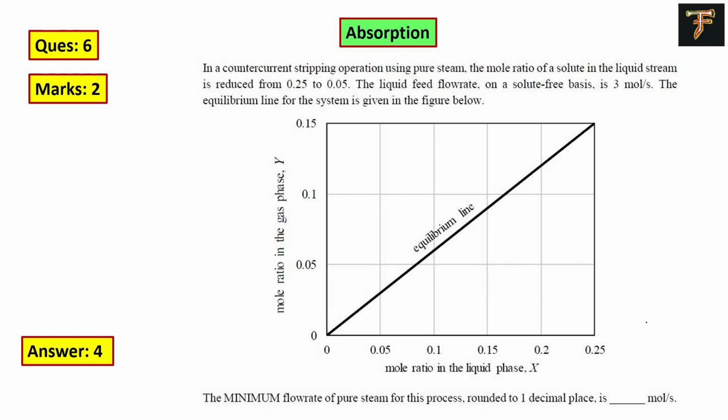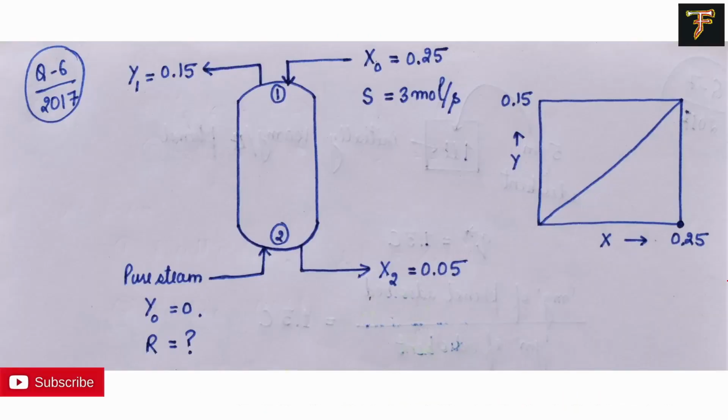They have mentioned there is a counter current system. I will explain it in diagram form. We have this absorption tower available to us. This is our absorption tower, and I have put the exit levels as 1 and 2 stage, although it's a continuous system.